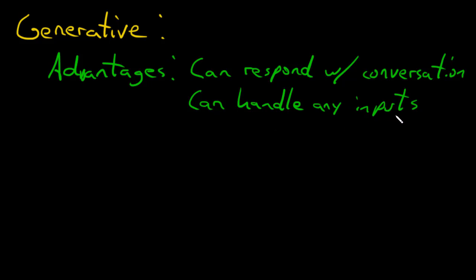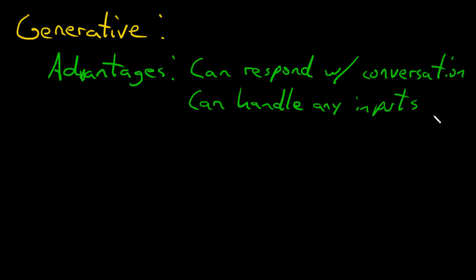The user might suddenly ask it, what is the most common color for a car? It will look in its database, its model. I shouldn't say database, but in its model, I guess you could call it a database in a way. It will look through its model and try to translate what the user just put into something that it can talk about, some sort of output that makes sense.